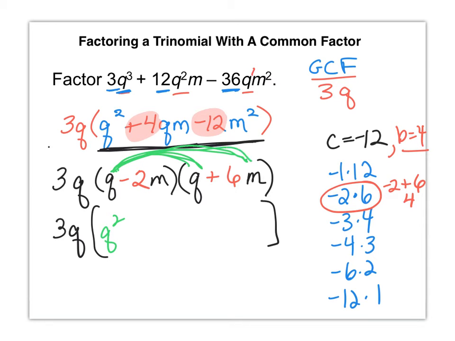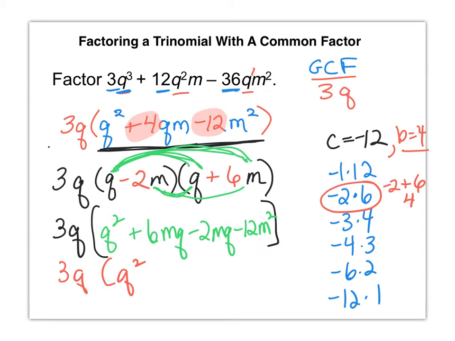The outer: q times a plus 6m is plus 6mq. The inner: negative 2m times q is minus 2mq. And the last term is negative 2m times a positive 6m, and that is a minus 12m squared. We can then combine like terms, q squared being the first term in this inside trinomial. We have a plus 6mq minus a 2mq, that's a plus 4mq, followed by a minus 12m squared.